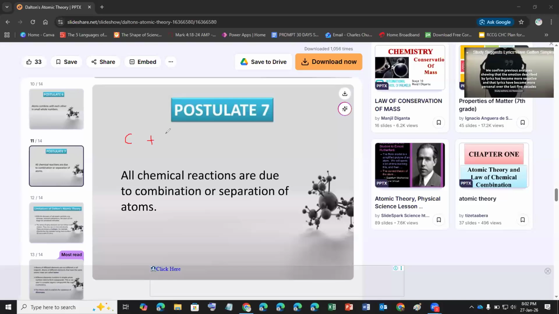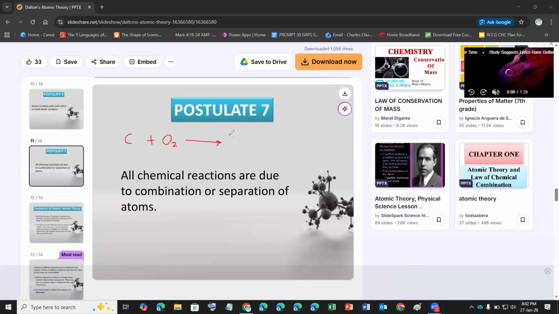Okay, so carbon combines with oxygen, like I said, to give us CO2. Now, this is a combination. So let's see the reverse, where it's talking about separation of atoms. A good example of separation of atoms is what happens in the atmosphere when we were talking about acid rain.